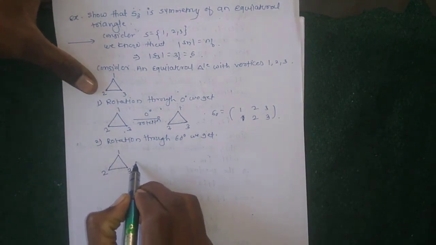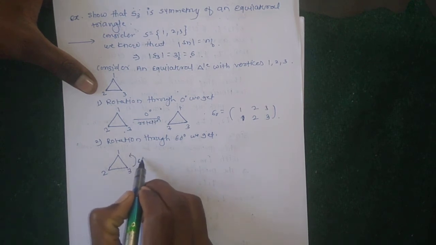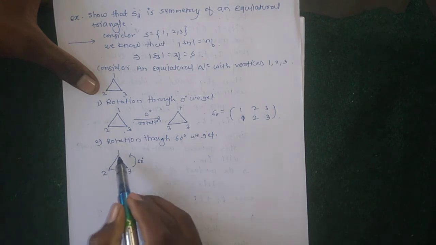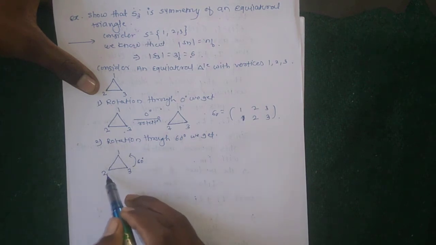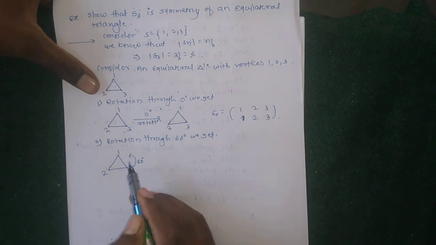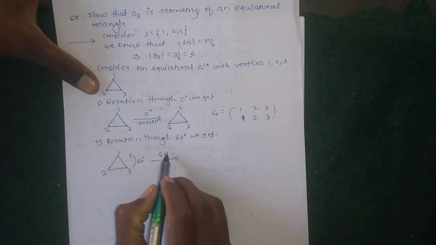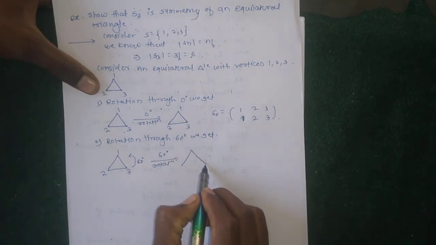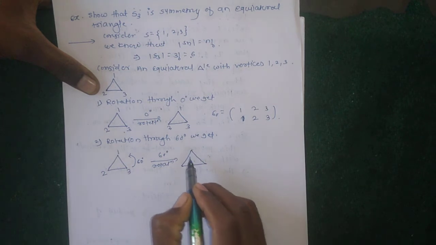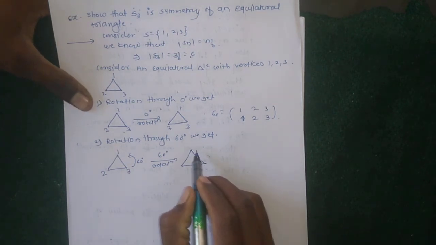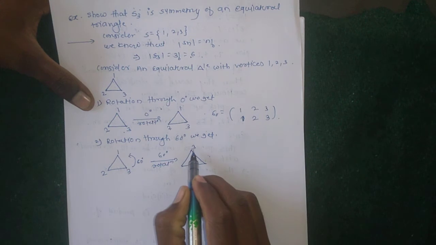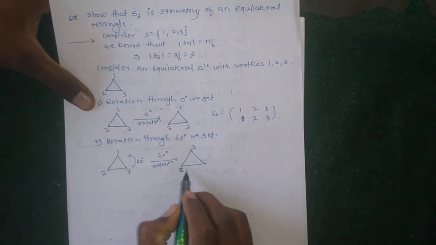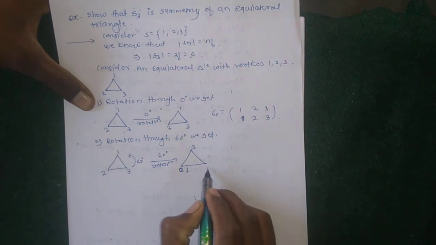When this is rotated through 60 degree, all the positions of 1 2 3 change. 1 takes the position of 2, 2 takes that of 3, and 3 takes that of 1. This means a 60 degree rotation.